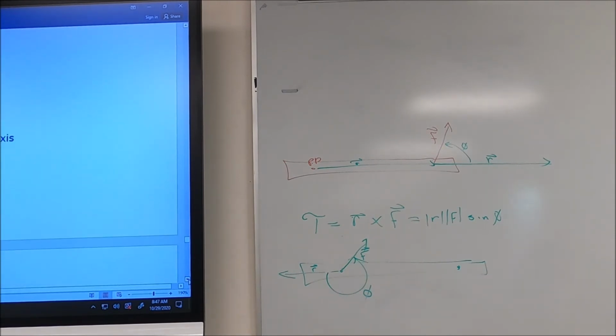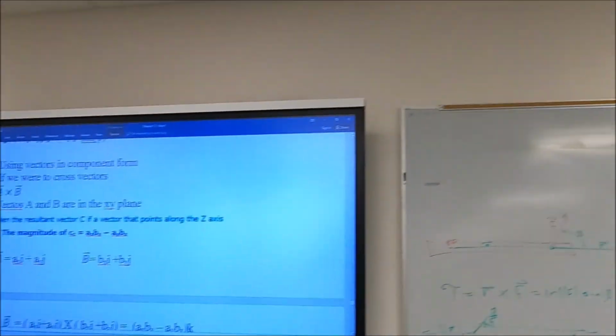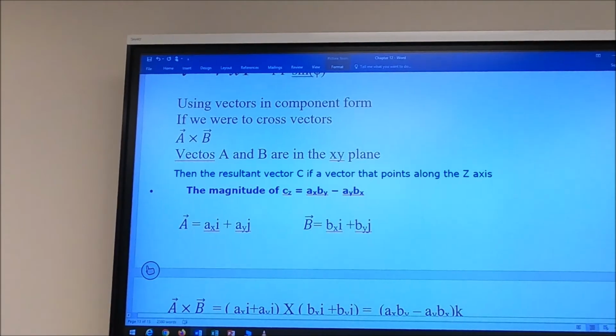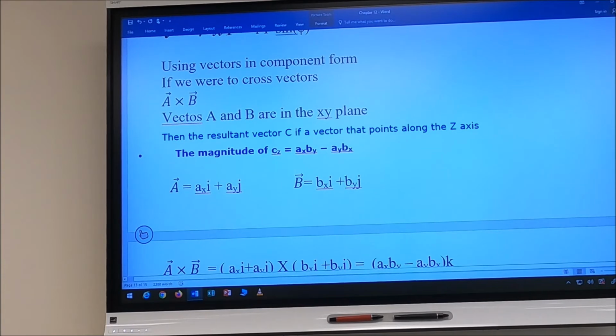So, all right. Using vectors in component forms. If we were doing a cross product of vectors, A cross B, A and B are in the XY plane. The resultant vector C is a vector that points along the Z axis, okay? The magnitude of vector C is AX times BY minus AY times BX.